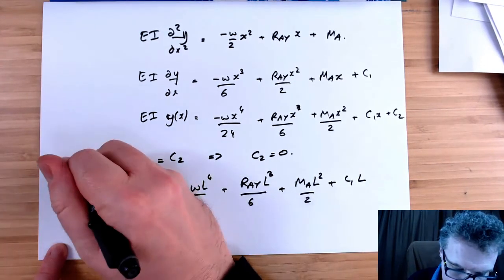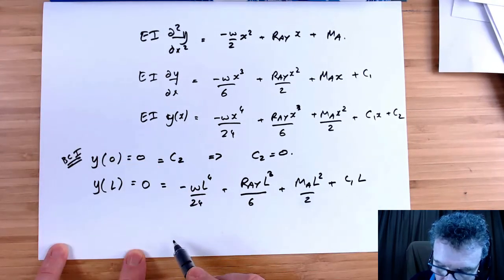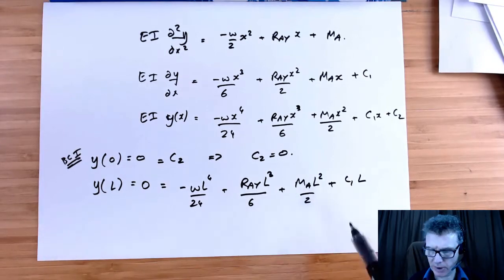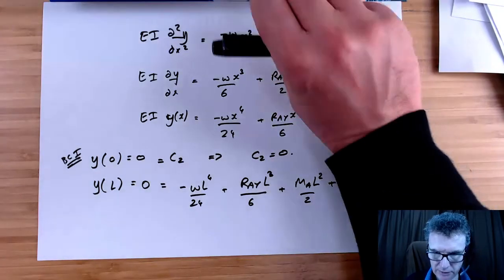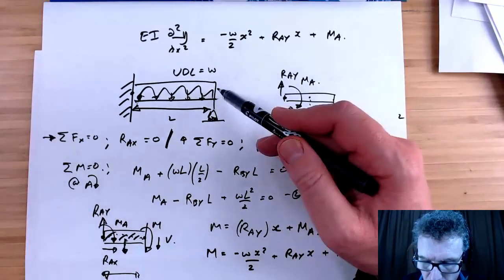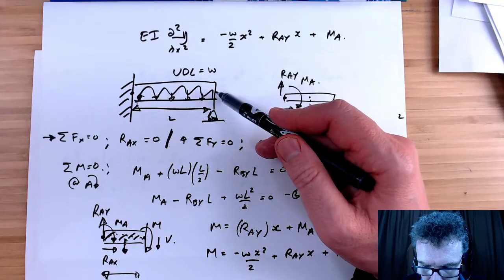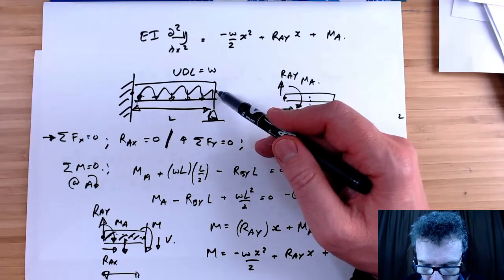Right, so that boundary condition was easy. This one we will bag for now and see if there's any other boundary conditions. What about a gradient?